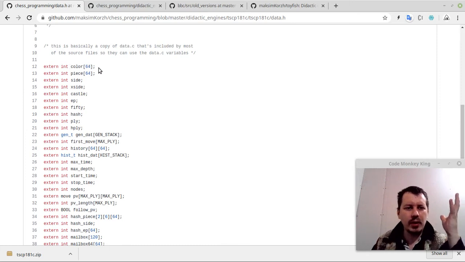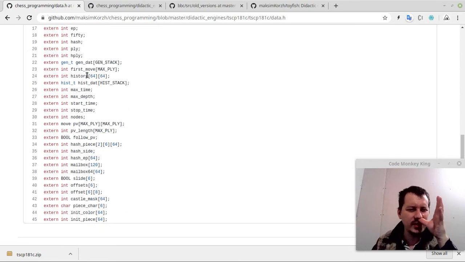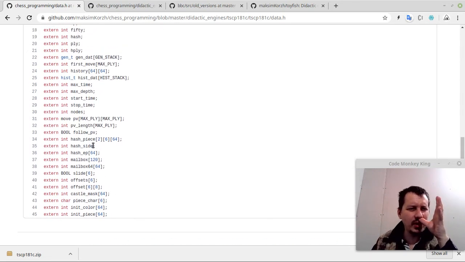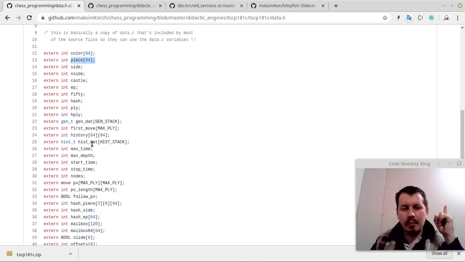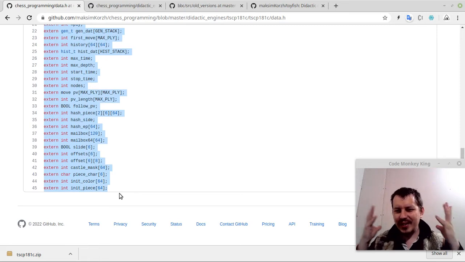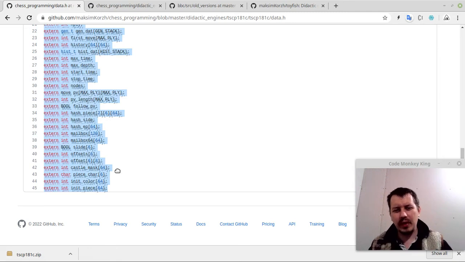So color, and we have some array piece. I'm not sure, but probably piece is a word in TSCP. I might be wrong. I didn't have a look at the source code for quite a bit of time, so I don't remember exactly. But you just noticed one extremely important thing: all these variables are, ta-da, global, right? And why? You might be wondering, it's bad practice to use global variables, and it's not good in general.